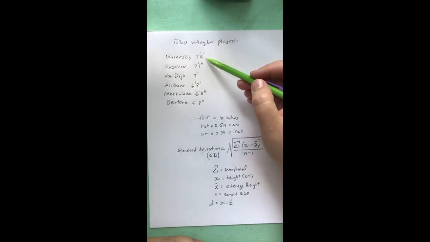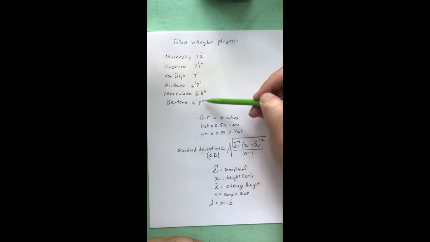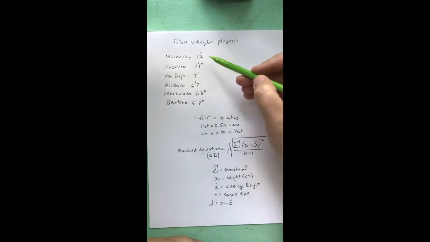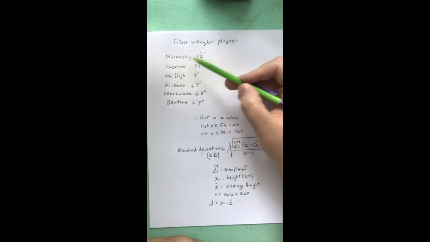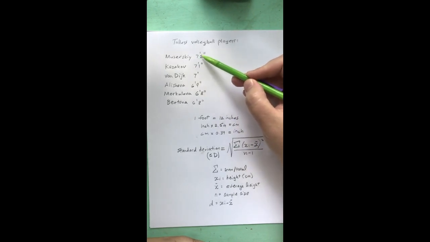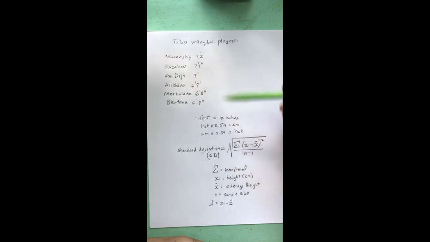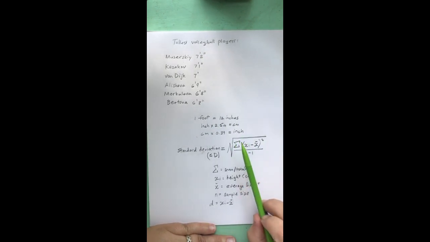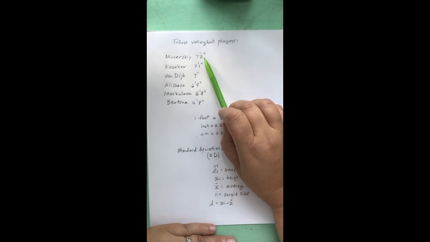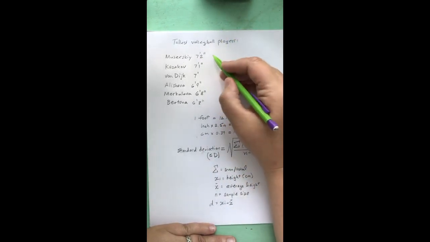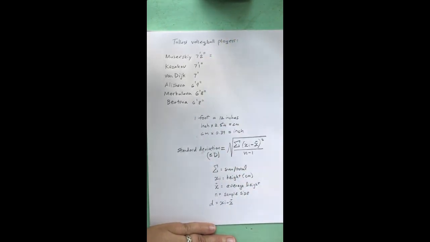So let me do an example here, then you can see if you can work ahead and do the rest of them. If we know that Mussorgsky's height is 7 feet and 2 inches, and we use this conversion scale here of 1 foot is equal to 12 inches, then we of course are going to say 12 times 7, which is 84, plus those 2 inches over here will give us 86.